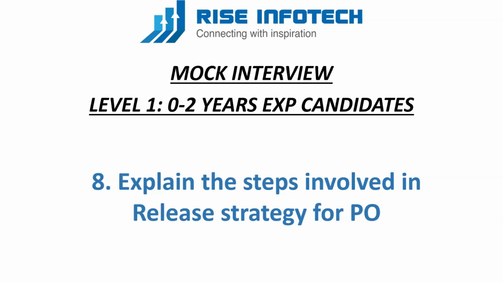After that, the purchase release procedure for PO. These are the steps: release group, then release codes, release indicator, and the release strategies. These four steps are there. Release group is a group of people who are responsible for releasing the purchasing document. And then release code is a 2-digit code assigned to the approval of the purchasing document.